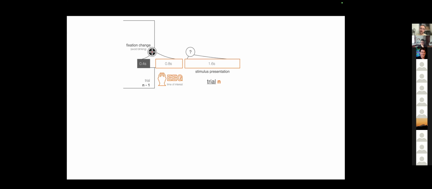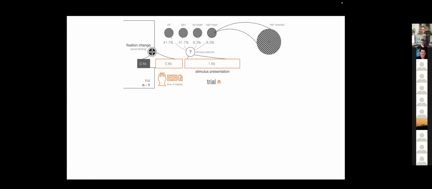After this 0.8 seconds of baseline, there would be a stimulus presentation. And this could either be a left or a right-oriented stimulus, and with a chance of 2 times 8.3%, it could be a left or right-oriented stimulus with a wavy pattern. I exaggerated the wavy pattern a little bit for those examples, so that you can see how it would look in an exaggerated way.